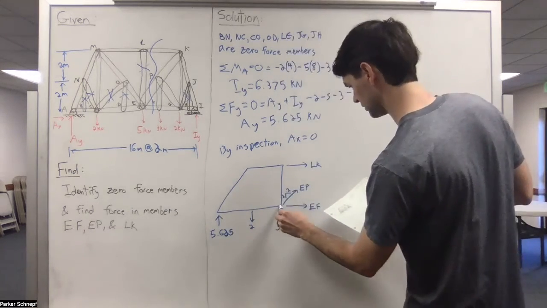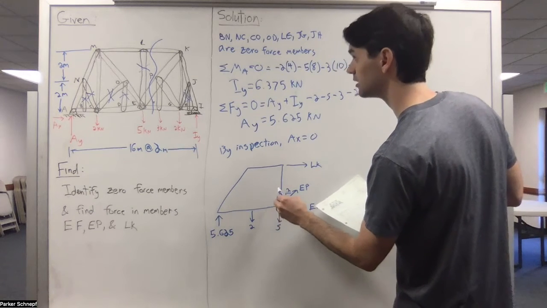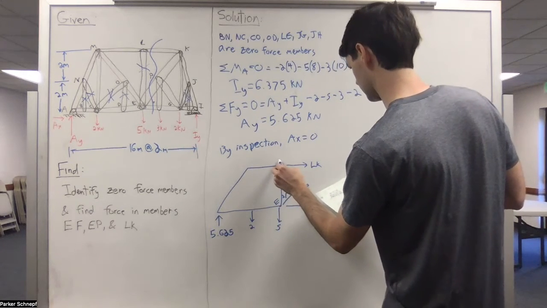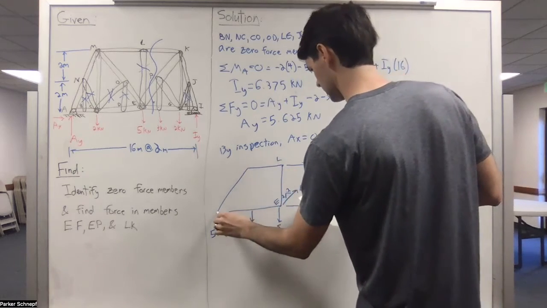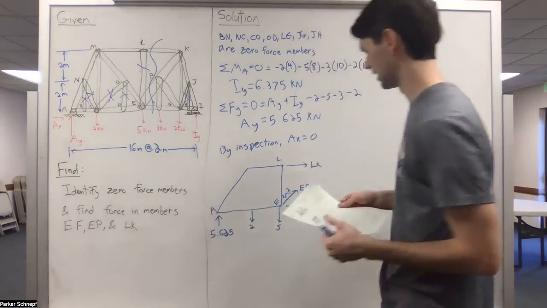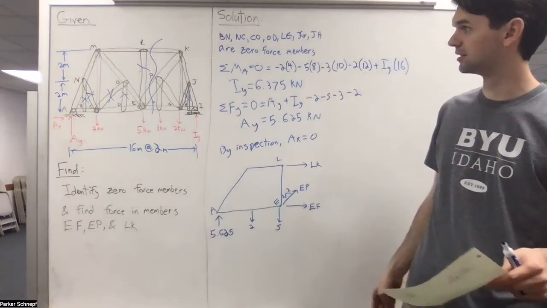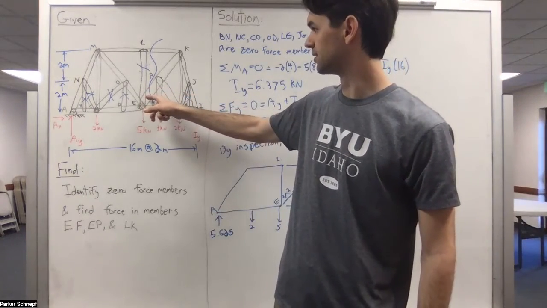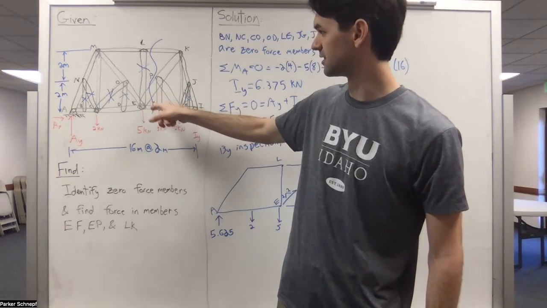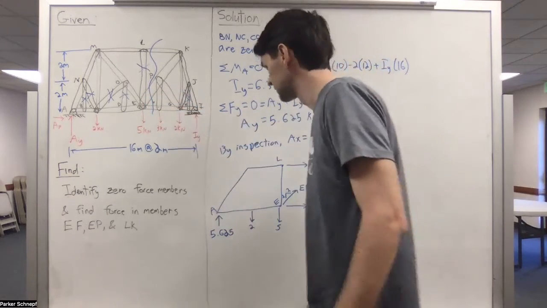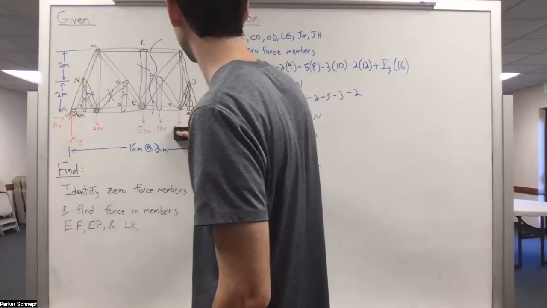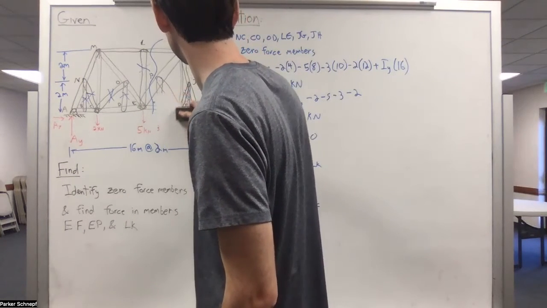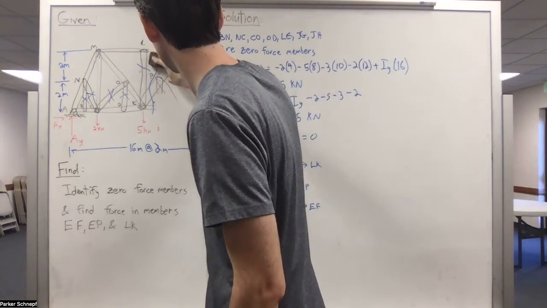So I made this cut, and what I'm left with is the forces acting out of these cut sections, right? So I can effectively go, what I've done is the same as doing this.